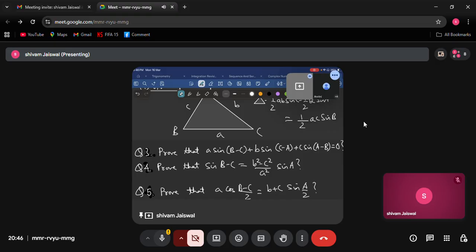Okay, next. We need to prove that A into sine of B minus C plus B into sine of C minus A plus C into sine of A minus B equals zero. I've done the first two, third is being done. Shamita, you also send.